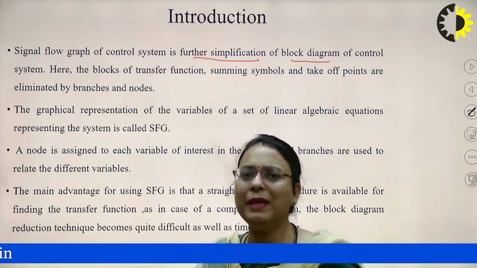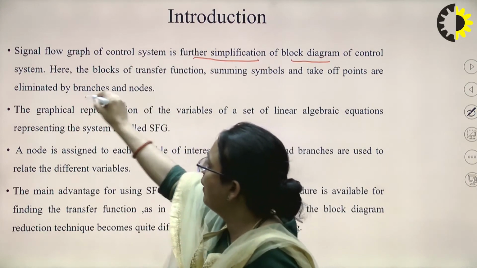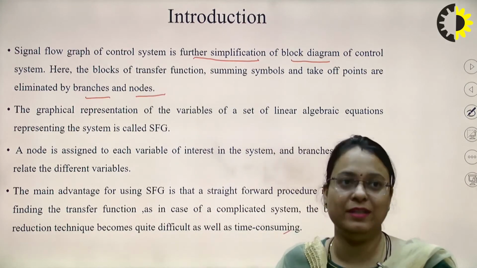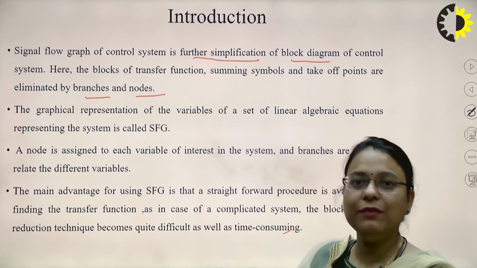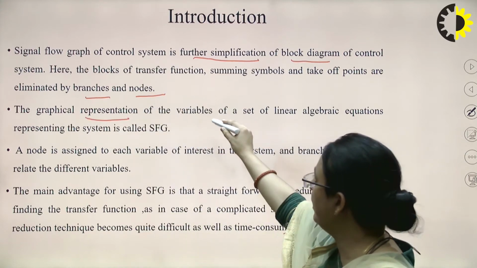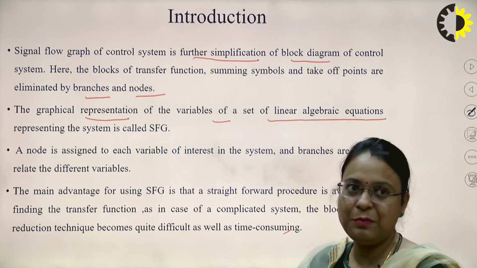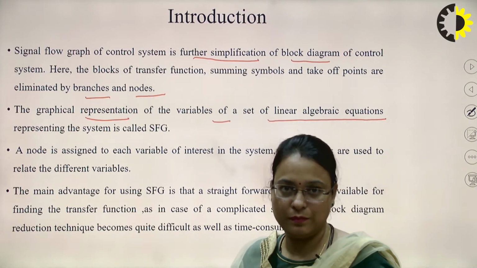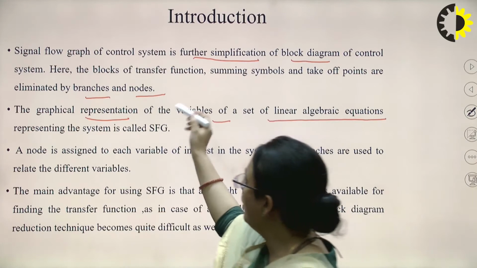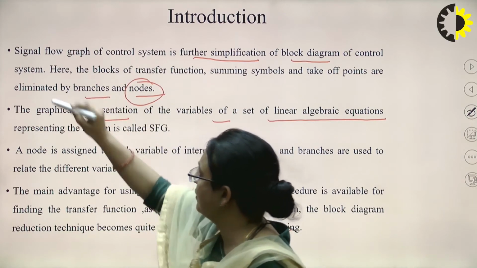These are all replaced by two elements, the node and the branches, in case of SFG. So we can define SFG as the graphical representation of the variables of a set of linear algebraic equations which represent a particular system. These two basic elements are node and branches.